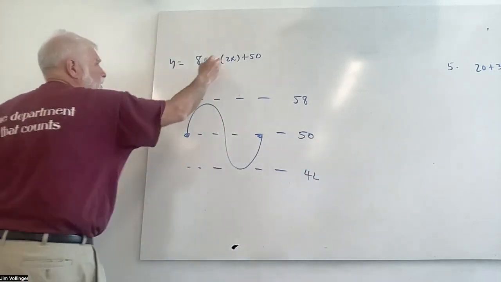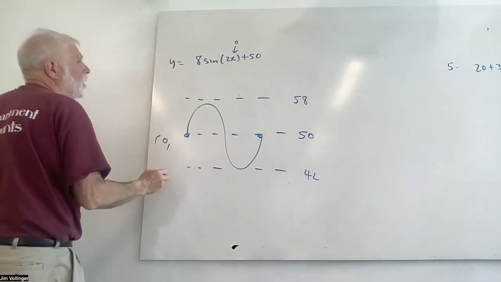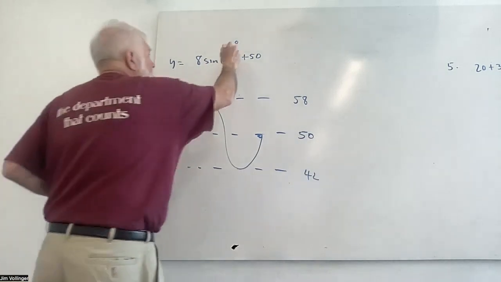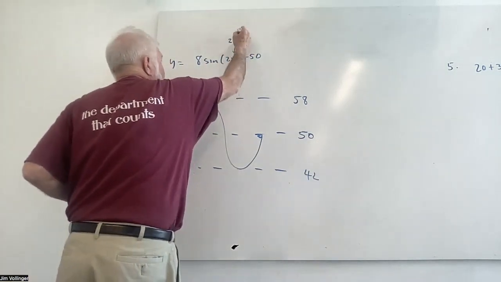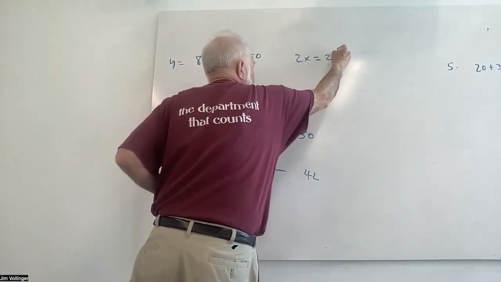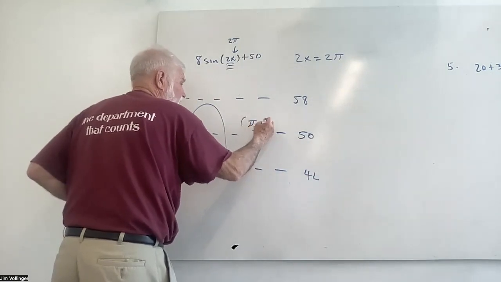And so I want to put in a 0. Right? So I now know this starts at 0, 50. And 2 pi is when it ends. So I want this to equal 1 revolution, so I have to solve it. Sure looks like pi. Gets me back to 50.